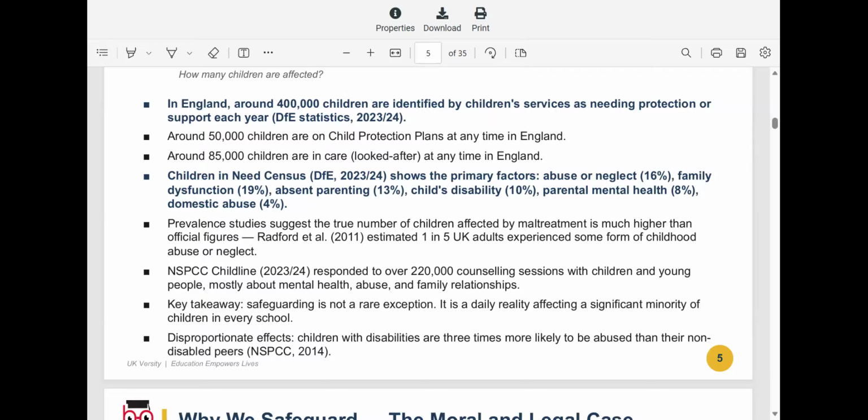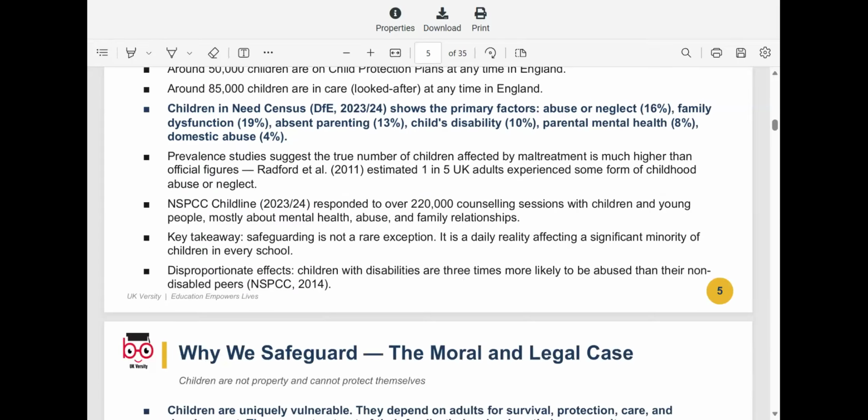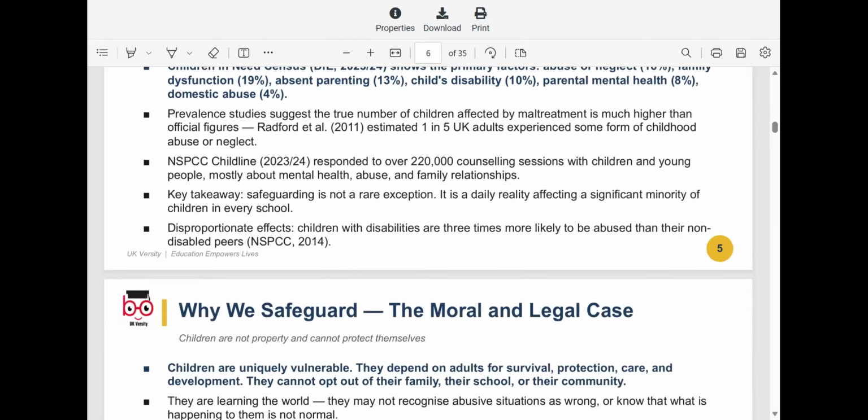Over 50,000 children are in child protection plans at any time in England, and around 85,000 children are looked after. There will be more that is not addressed, not being taken into account, but there will be more out there, with no data being published because of that. So there's quite a lot of reasons why we safeguard.